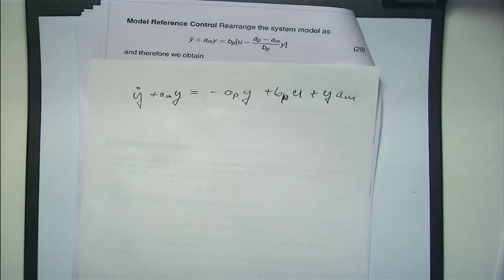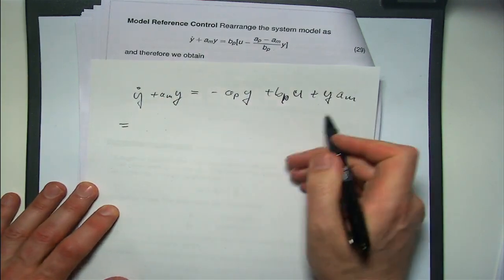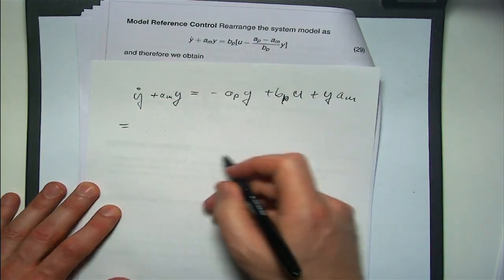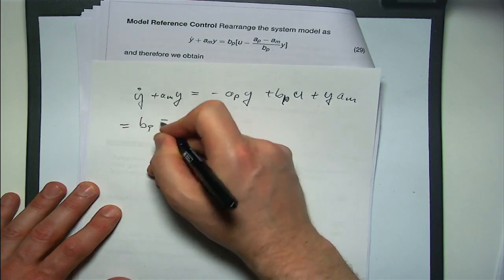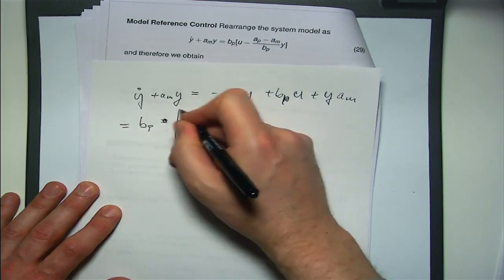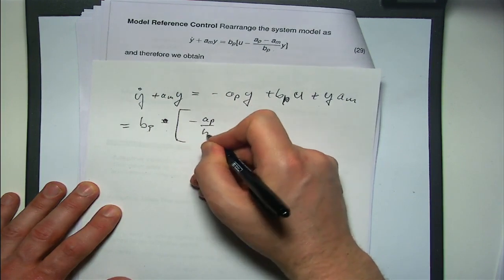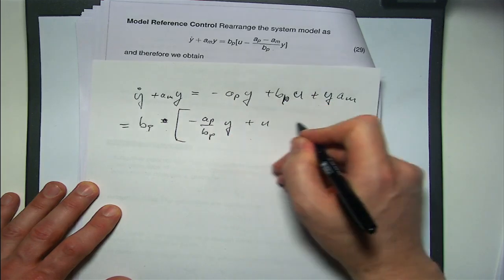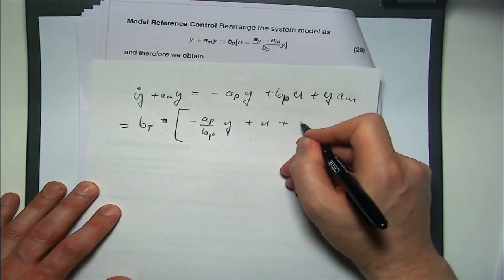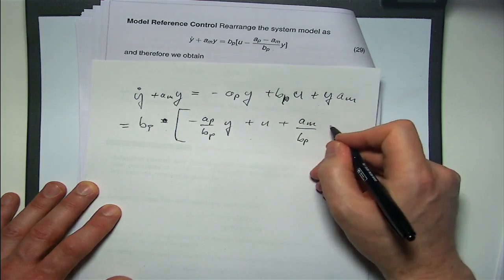Now we are just reformulating this by pulling out the Bp. So it's Bp times, minus Ap over Bp times y plus u, plus Am over Bp times y.